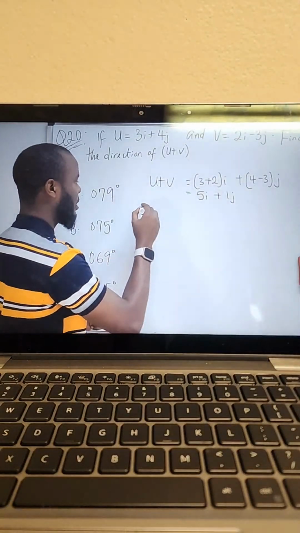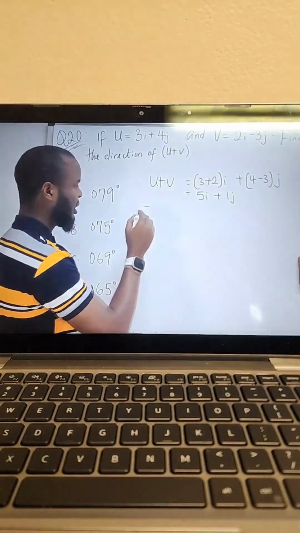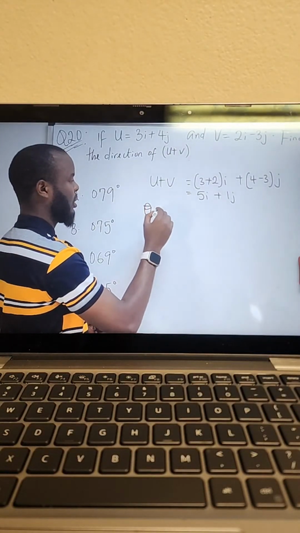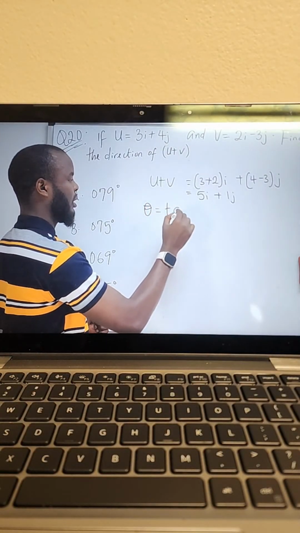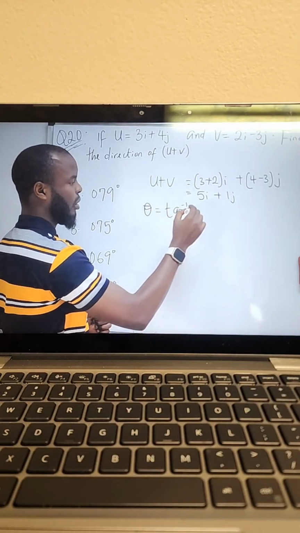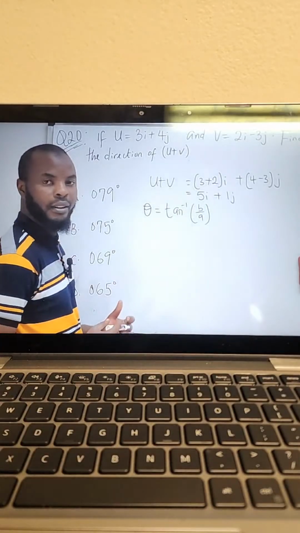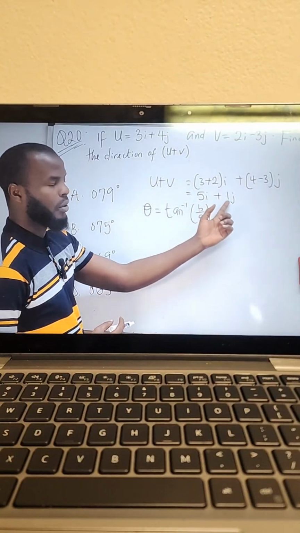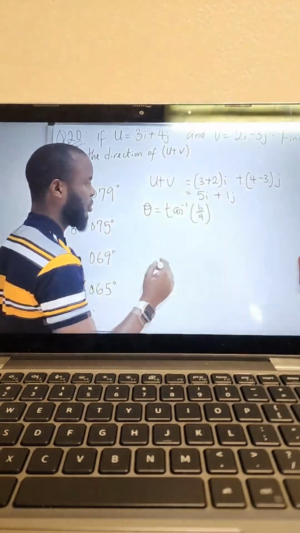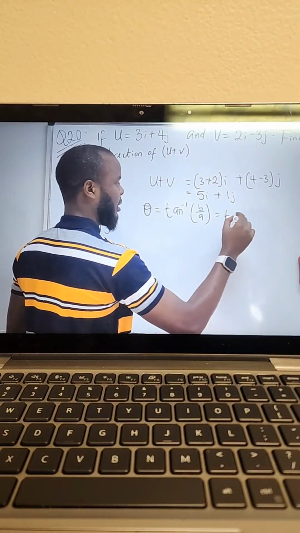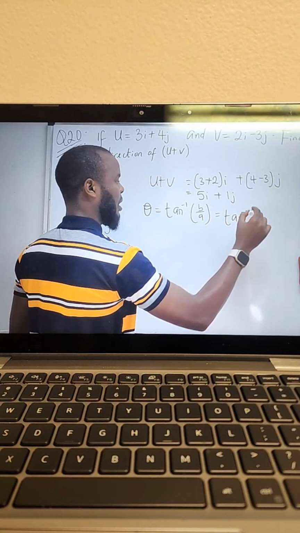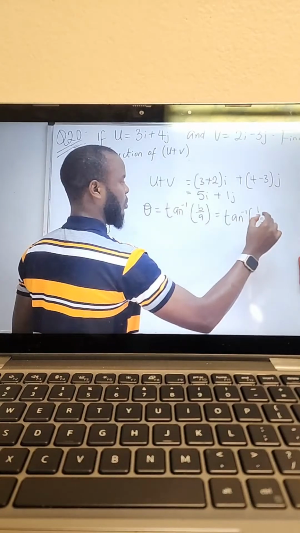The rule to get the direction, which is theta, is tan inverse of b over a. So this is going to be my a, this is going to be my b. So that is tan inverse of 1 over 5.